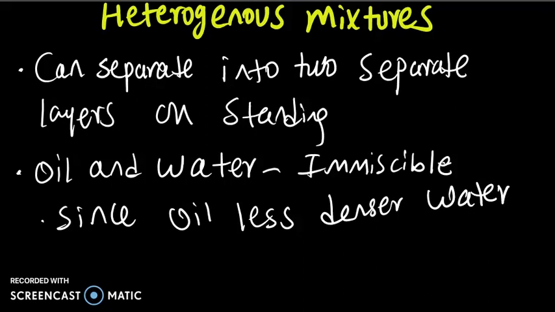To draw a visual representation of this, I have a container here. There is a clear separation, so it has two phases between oil and water. The less dense nature of oil gives it the opportunity to sit on top of water.